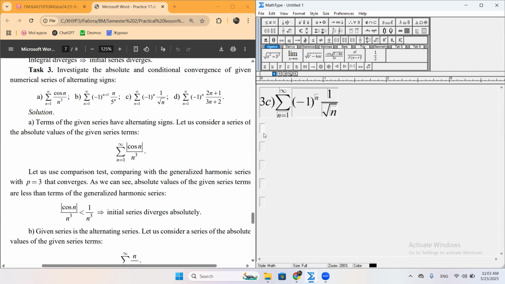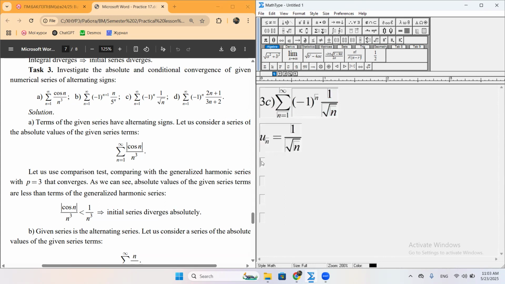We will use the Leibniz test. According to the Leibniz test, the sequence of modules of terms must be decreasing.